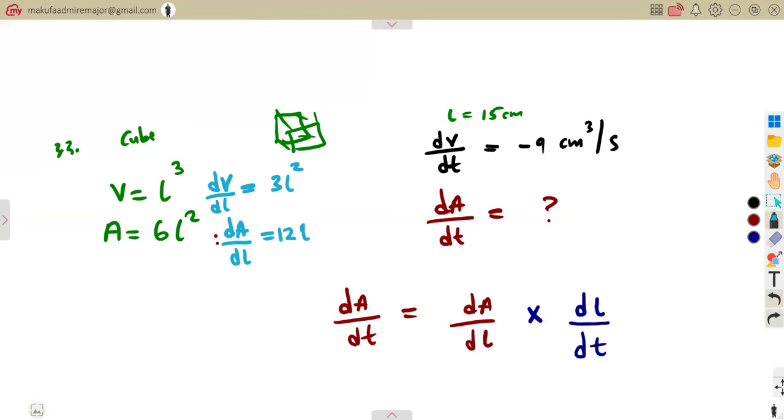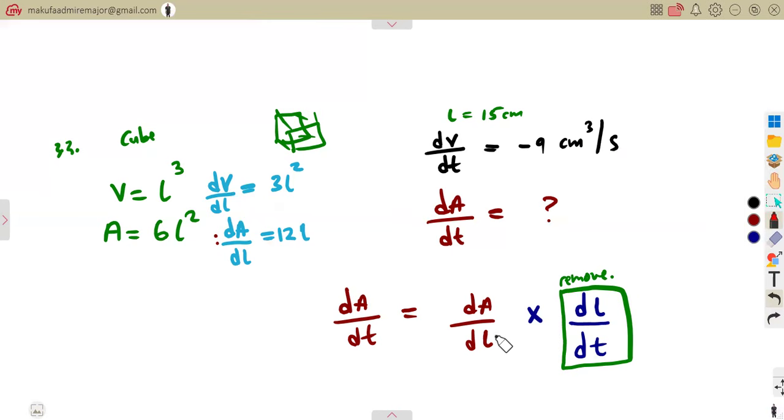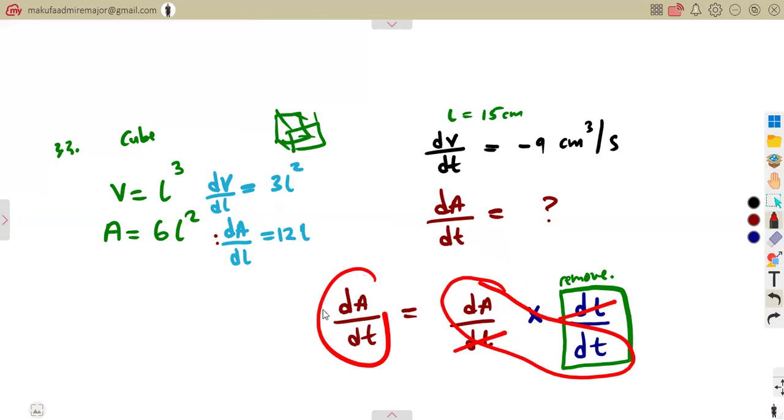So this has to be removed. But how? That is the question. Because, guys, once you formulate a formula, the dL must cancel. Check, dL cancels like this, and you remain with dA/dt.